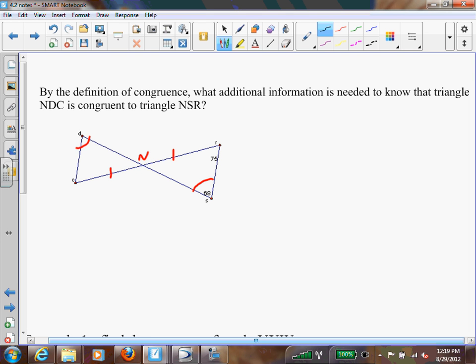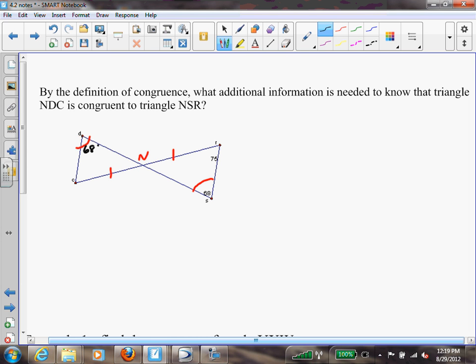What other information? Let's look at what we know. The only thing we know right now is that we've got angle. What do we know about angle D? All right, that means this has to be 68 degrees also. Would you agree? Okay, what else do we know?